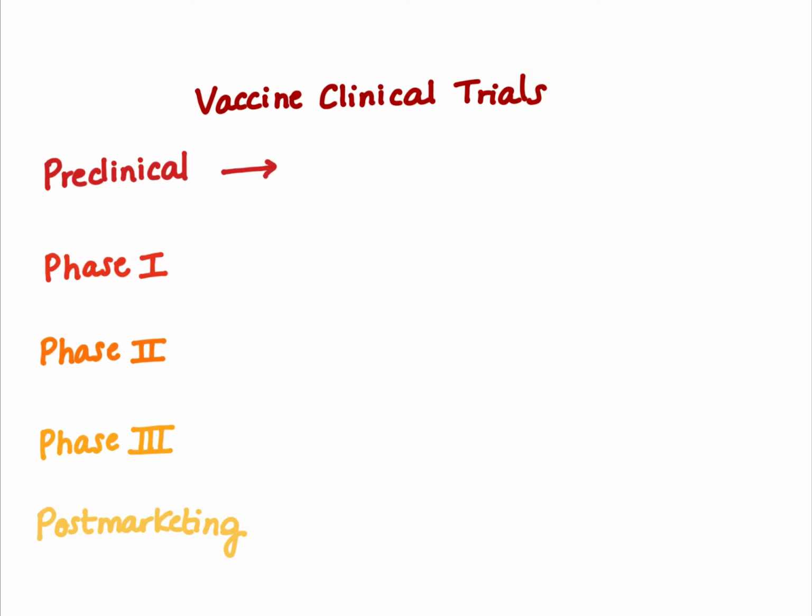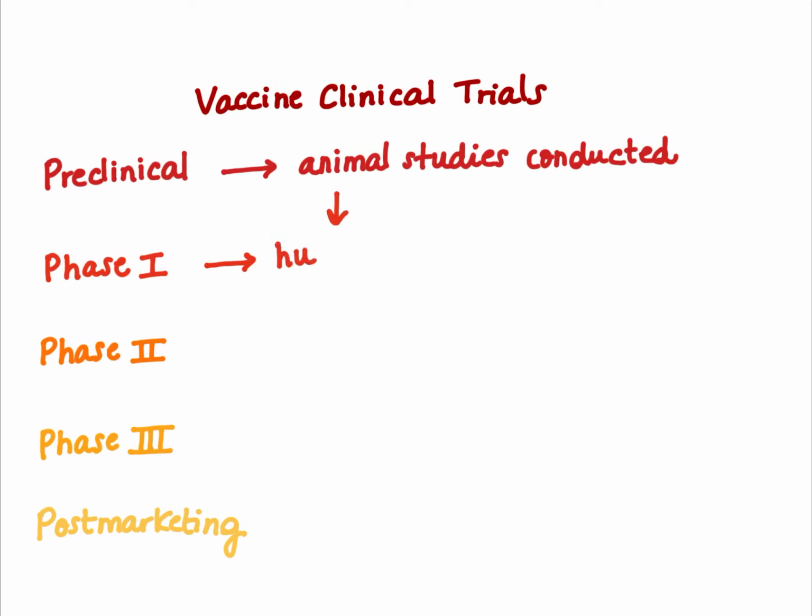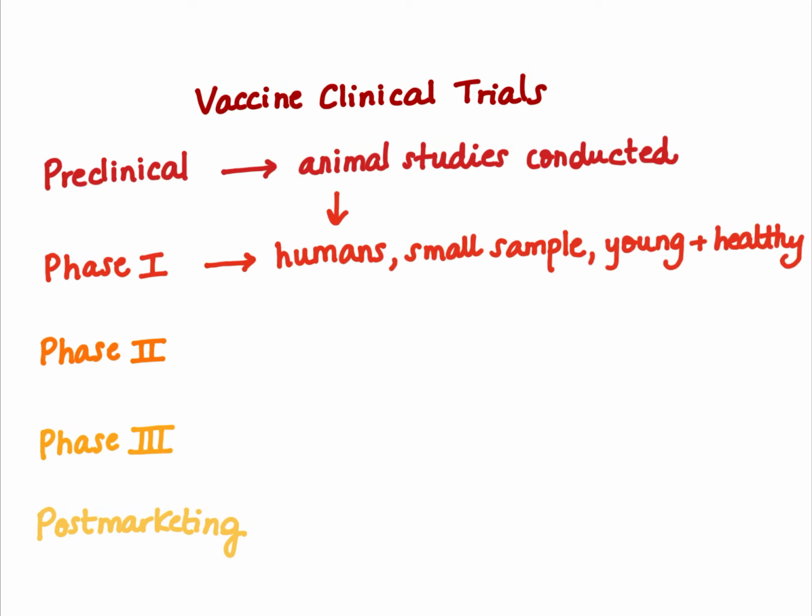Starting off with our preclinical phase, this is done without testing on humans, where an experimental vaccine is first tested in animals to evaluate its safety and potential to prevent disease. If the vaccine triggers an immune response, it is then tested in human clinical trials in 3 phases, with phase 1 involving a small sample of the population to confirm safety and the generation of an immune response while determining the correct dosage.